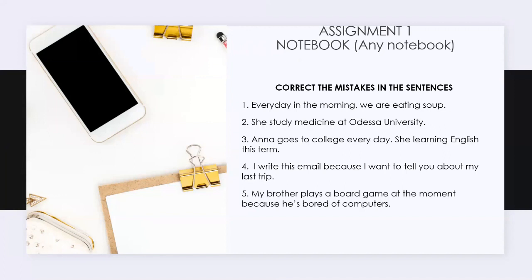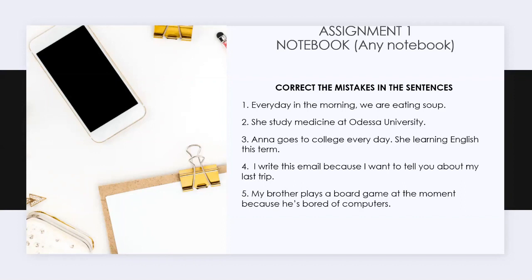If you don't have a notebook, just get papers. Put together papers because every week I will give you homework for the notebook. Take care of the papers because 1 July, I will take all the papers and I will check.